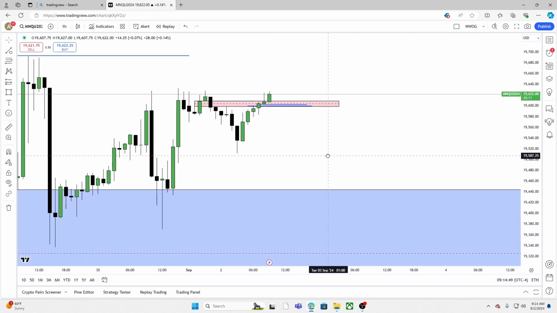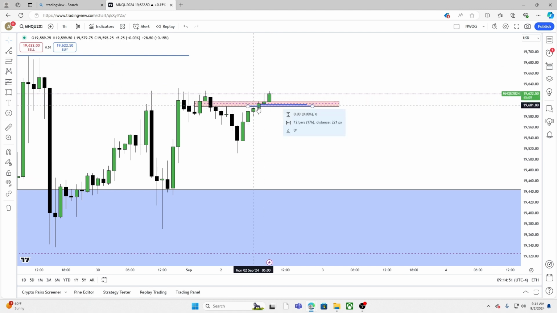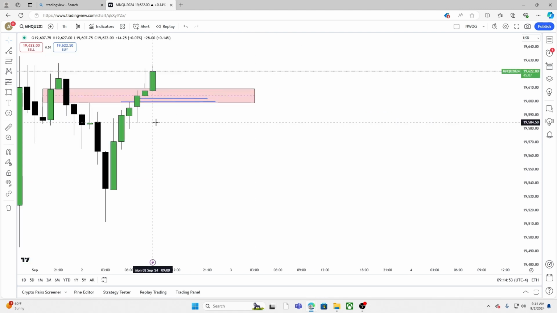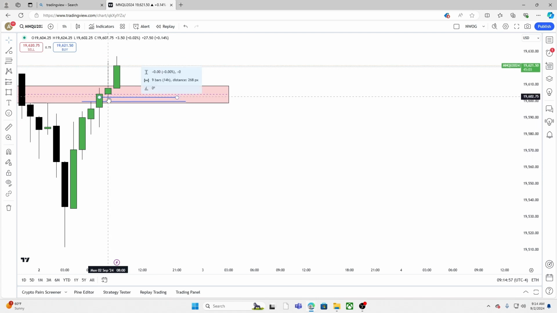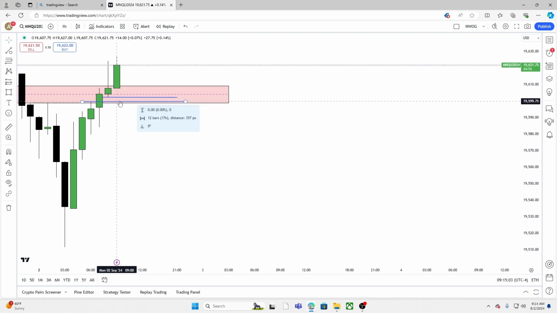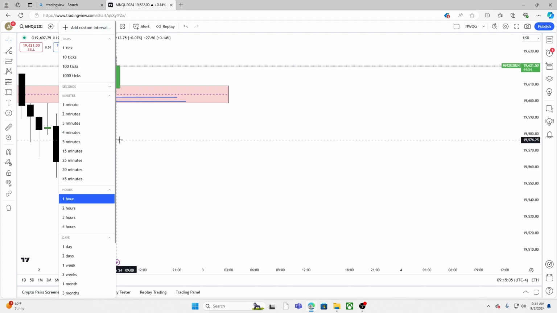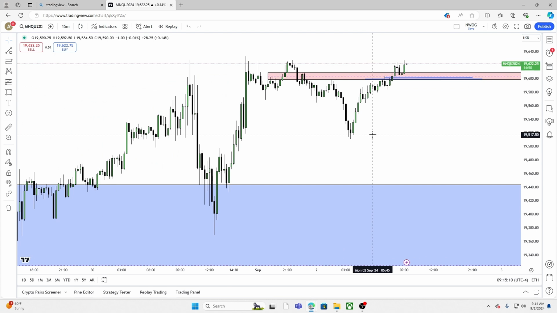So now since we have our higher time frame PD arrays, we could scale down. Also, if you peep this, there's no fair value gaps in here except for right here. So this would be a balanced price range if we do come down and run into this fair value gap. So now we got all our higher time frame PD arrays. Let's go to the lower time frame PD arrays.